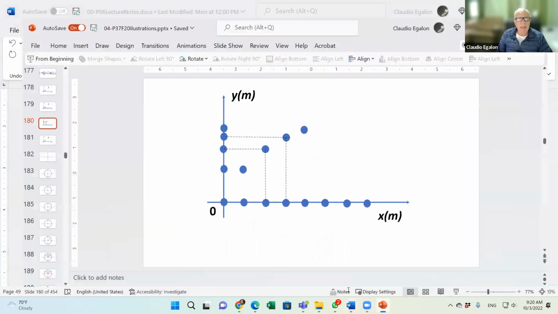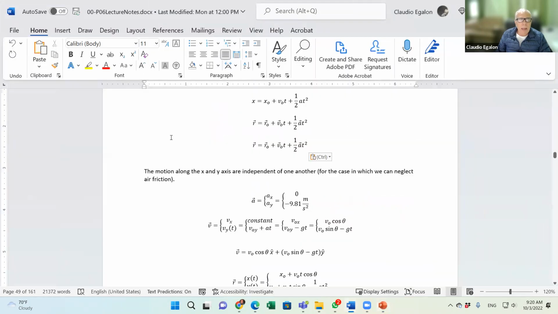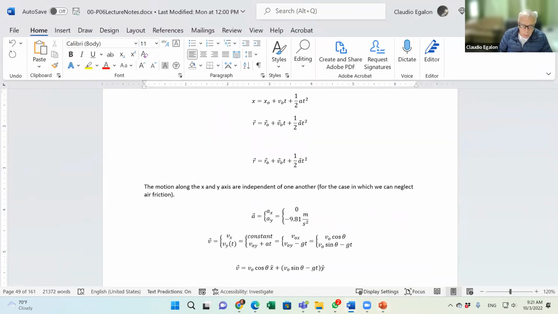If I'm dealing with this type of situation in which the initial position is at the origin of the coordinate axis, then R naught is going to be 0.